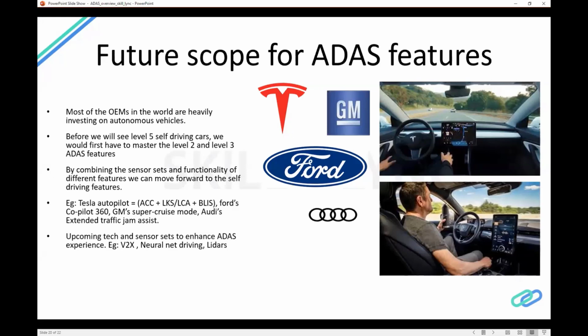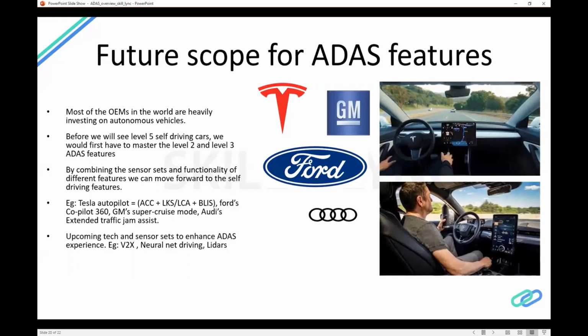For example, Tesla has already deployed assisted lane change, which is a feature that helps autonomously change lanes between the lane lines. And the foundation of all those features is, of course, the features which we discussed today. When you combine three or four different features together, you have a level 3 autonomous system.